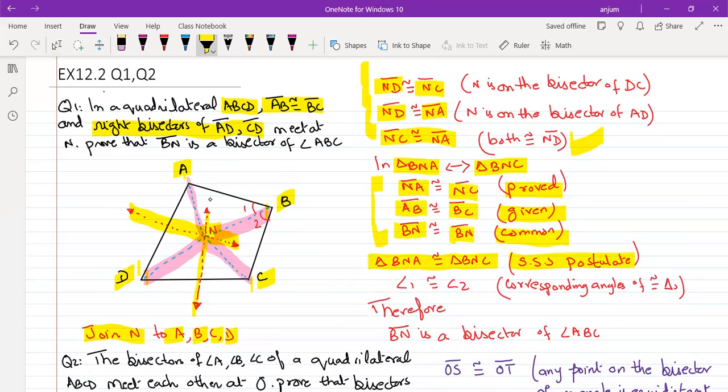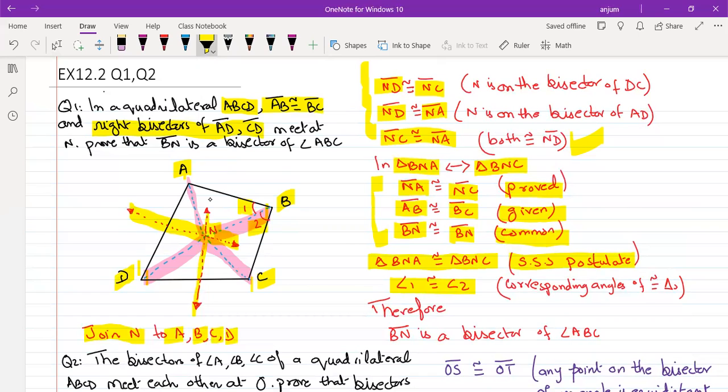As they are congruent, all the corresponding angles are congruent. So angle 1 of this triangle is congruent to angle 2 of this other triangle BNC. These are the corresponding angles of the congruent triangles, so they are congruent to each other.